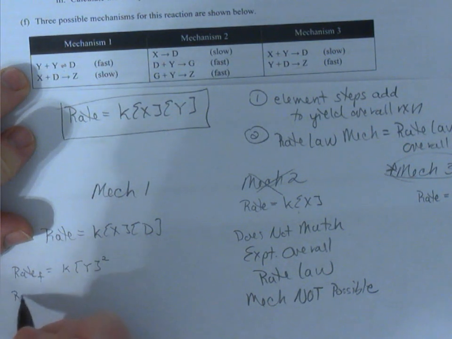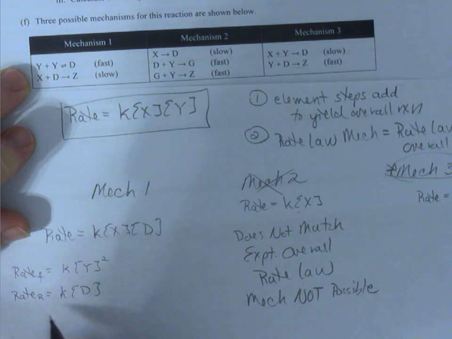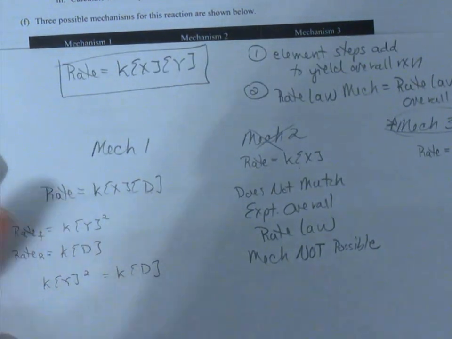The rate in the reverse will be equal to k[D], first order. Since it's an equilibrium, these are equal to each other. We know these are different k's, but they're constant.